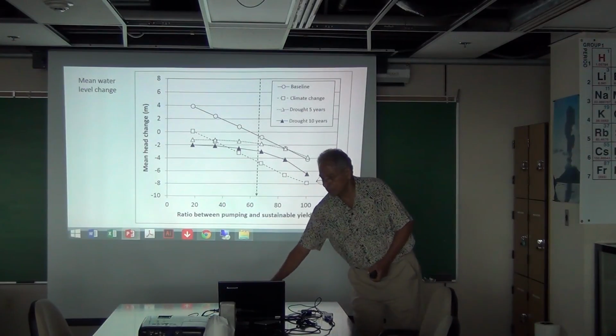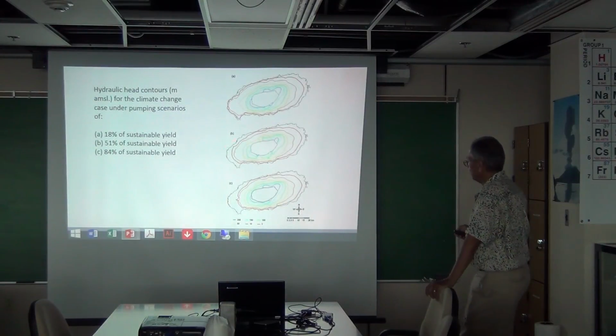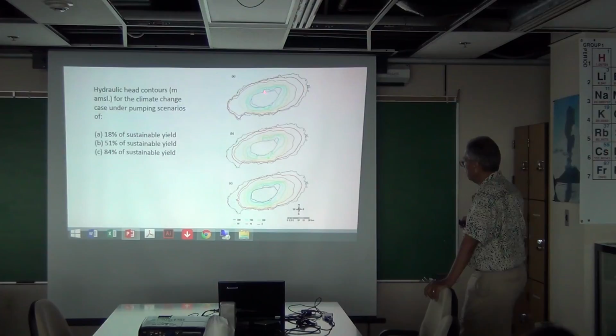This is just to give you the contour maps of hydraulic head at different scenarios. So this one is at climate change with different use. So this one is only 18%, this one is 51%, this 84% of sustainable use.